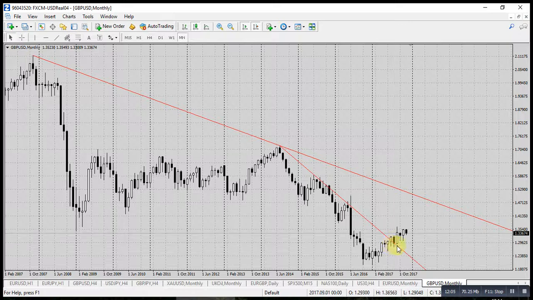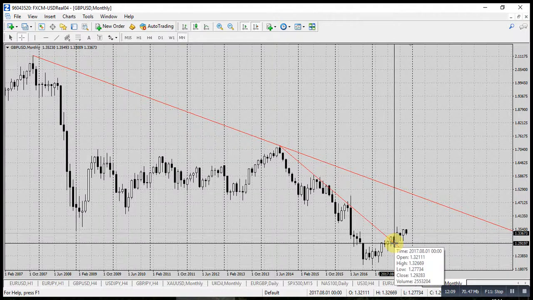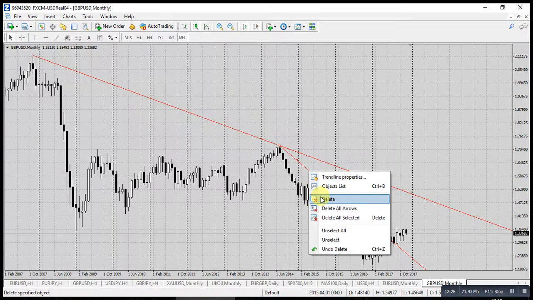So you see, after breaking this line, it just went up, let's say 500 points. But another thing, once a trend line is broken, just delete it, because it will confuse you.